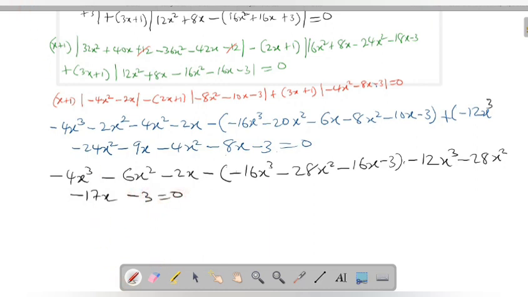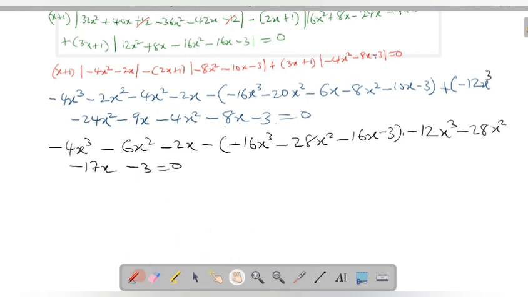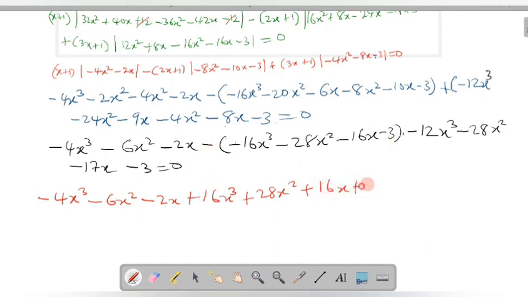Now let's open the bracket. On opening the bracket, we will have minus 4x cubed minus 6x squared minus 2x, minus times minus gives plus 16x squared, minus 16x cubed, then minus times minus plus 28x squared, minus times minus plus 16x, minus times minus plus 3.